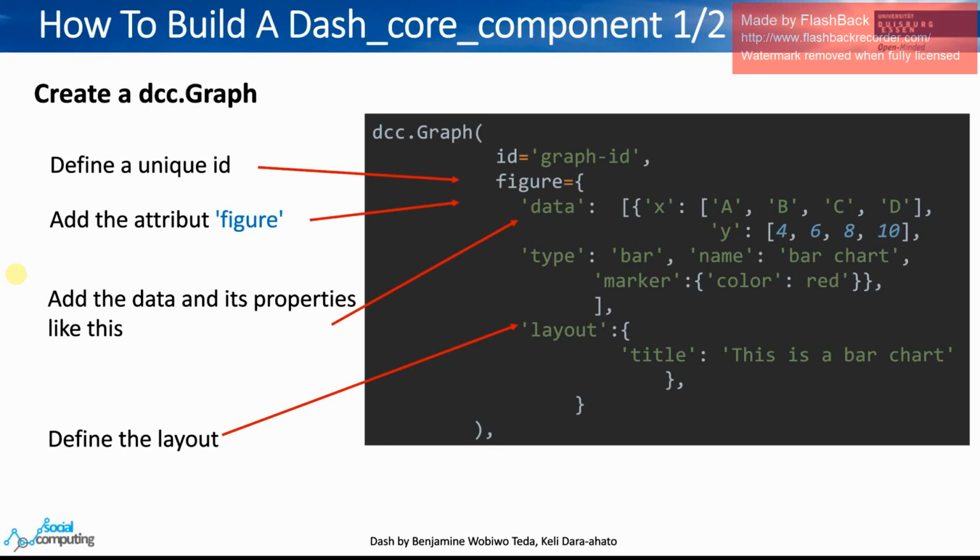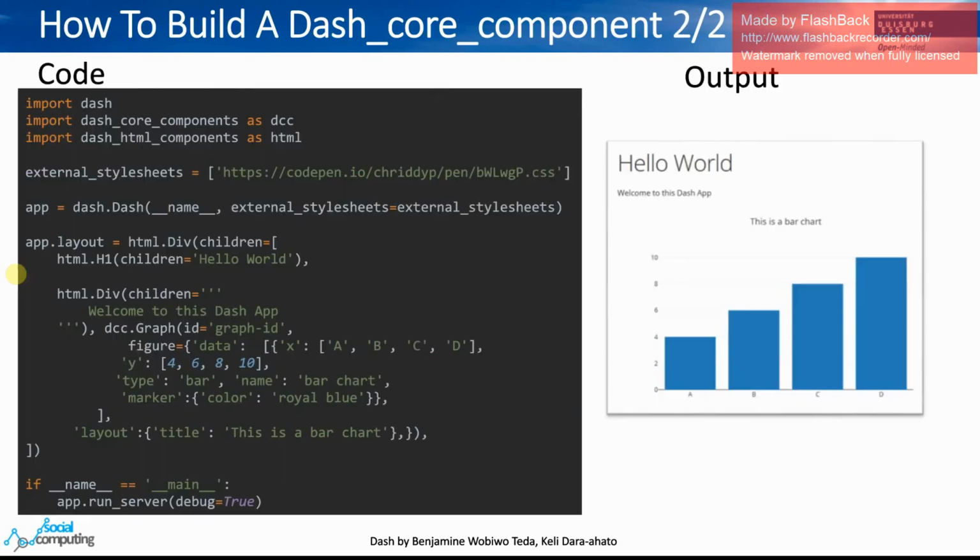You can also specify the title of the graph using the attribute layout. In this further example, we add a bar chart to the layout already containing the headline, and here you have the output.